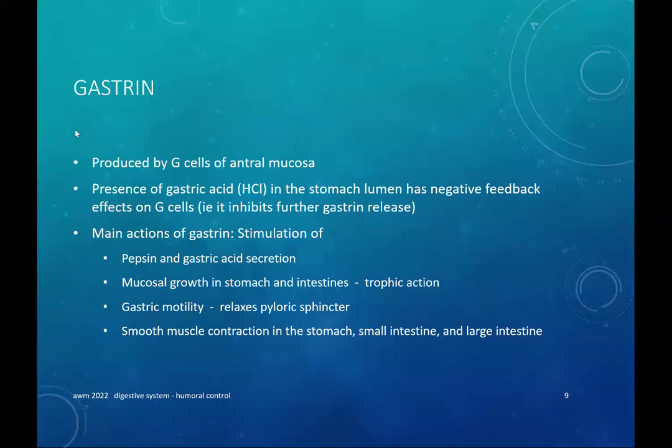Depending on the concentrations, it can influence both secretion and motility. When we're learning and writing down, we write secretion and we write motility as if they act independently of each other. No, they actually interact very closely, so it's difficult sometimes to separate one from the other. So gastrin affects motility, it affects secretion, especially of gastric acid, and it also affects mucosal growth.